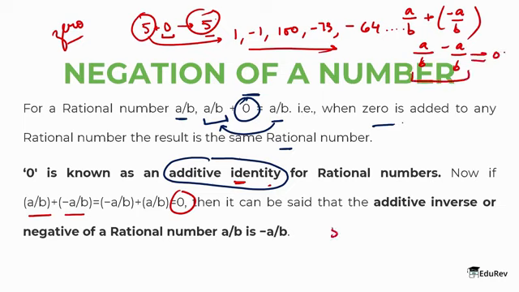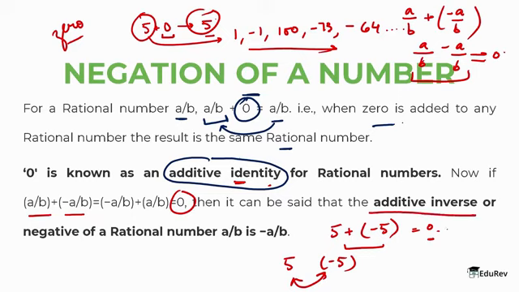For example, if I take 5 and add it to negative of 5, obviously the summation of these two numbers will be 0. Therefore, 5 and negative of 5 are termed as additive inverse of each other. This means that whenever the negative of any number is added to that number, we will get 0. So that number is known as the additive inverse of that.